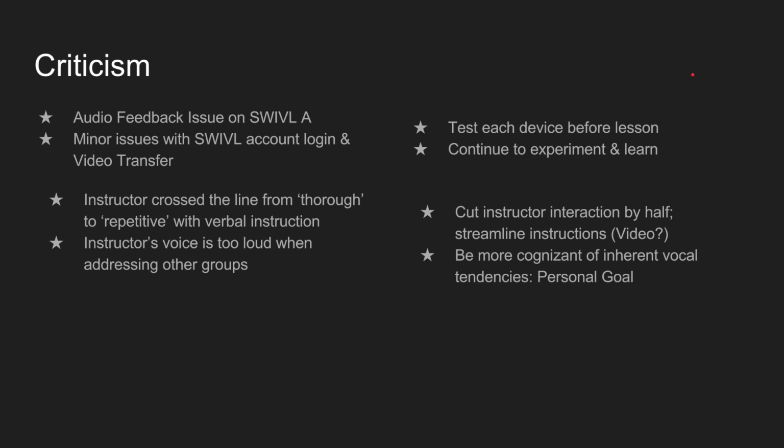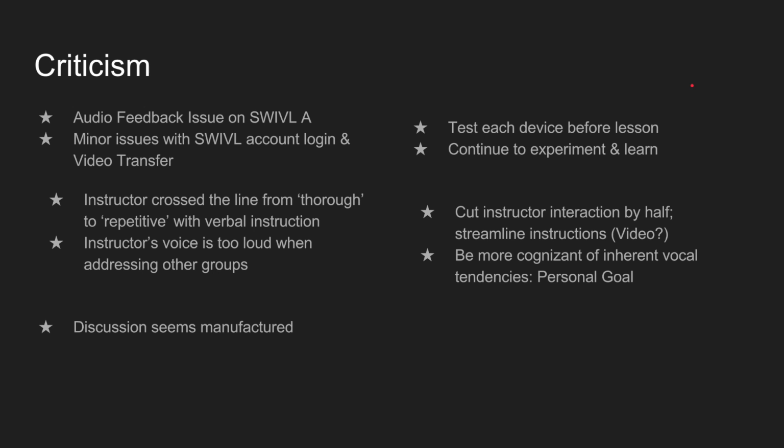It might be easier to make a video of how to use the technology that students can watch, and perhaps students would be able to use a thorough rubric instead of the instructor's verbal instructions prior to their discussions. I need to personally be more cognizant of my inherent vocal tendencies. It's a personal goal. I have a loud voice and I need to be aware and use it sparingly.